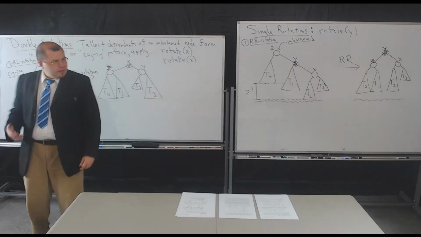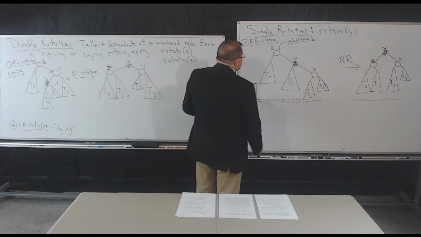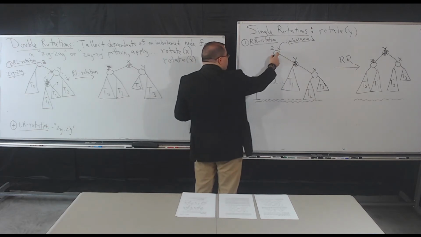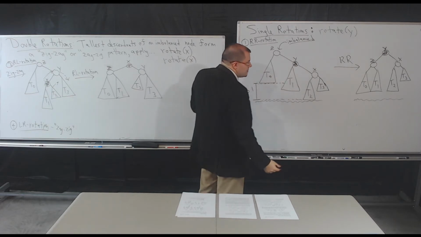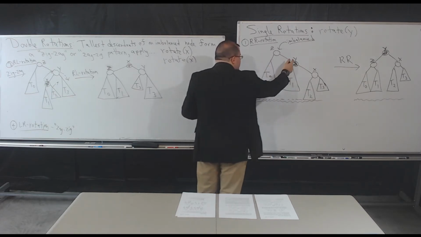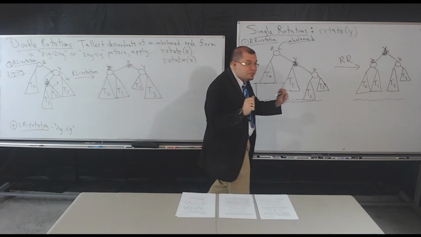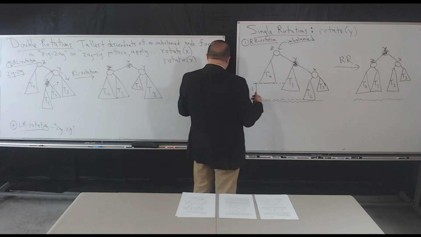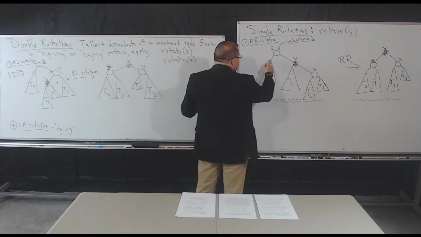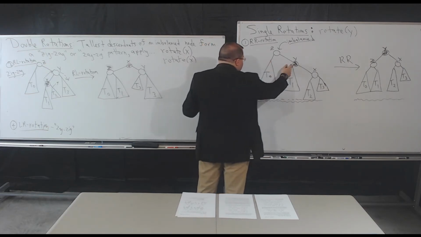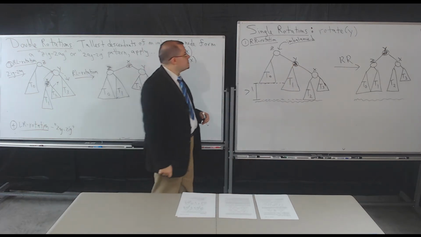How do you determine which case to apply? How do you determine that? You can determine if the imbalance node is encountered if you just check the height balance property, right? You just check the height of the left subtree and the height of the right subtree, which is just the height of the nodes of its children. If it falls out of line, then you determine which of the two is the tallest, the tallest being the one with the larger height.